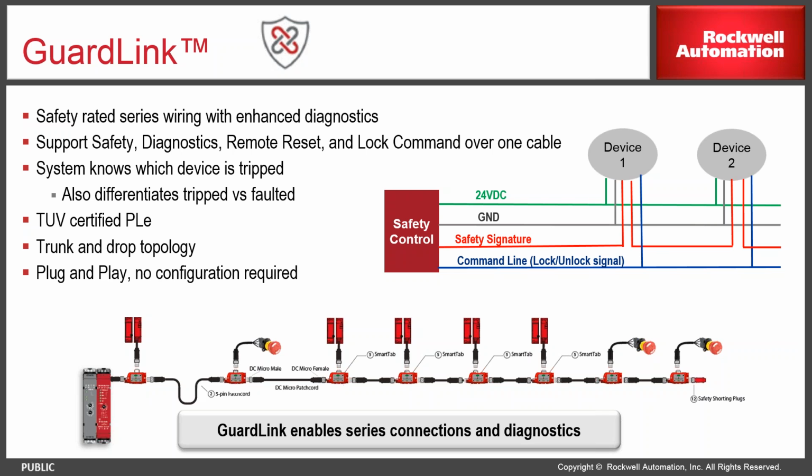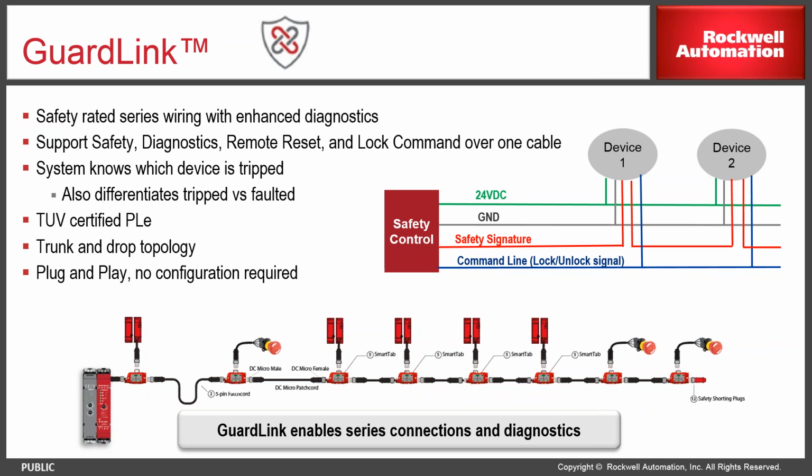So each interlock or e-stop is connected to a smart tap that you see there in red. So that features local safety diagnostics. So what it means is that the series wiring does not degrade the safety integrity, in a trunk or a drop topology. And the smart taps are connected together in series using standard 4-pin cables with M12 connectors.